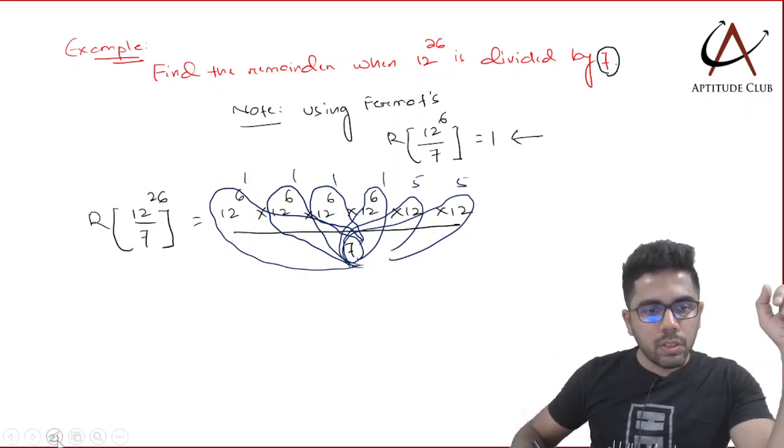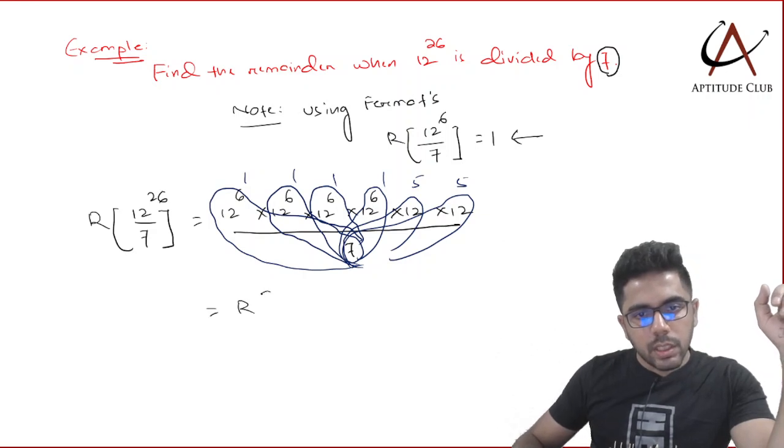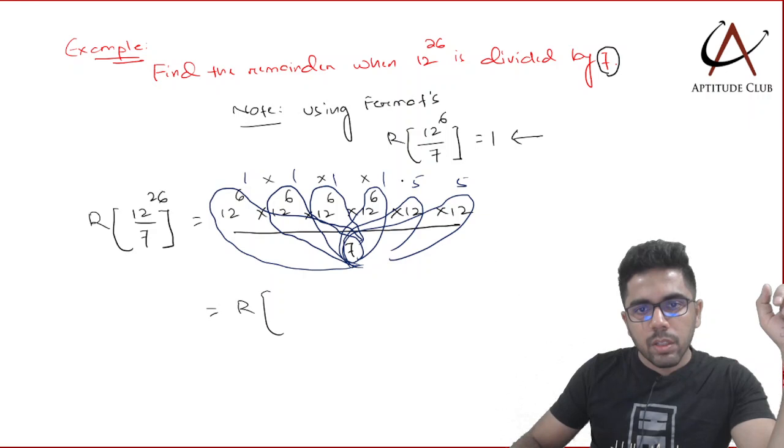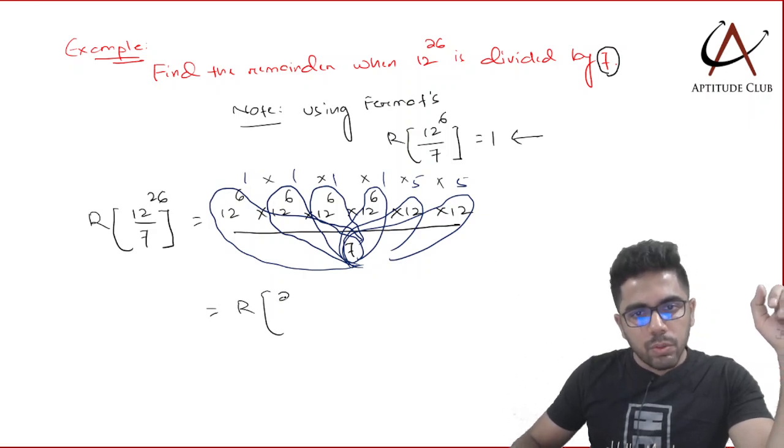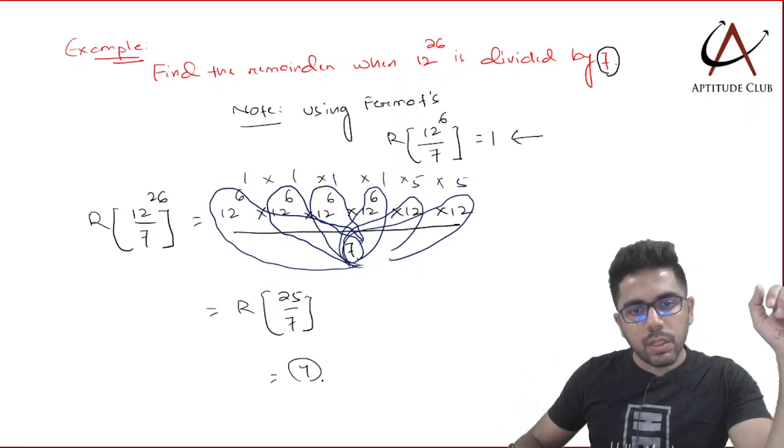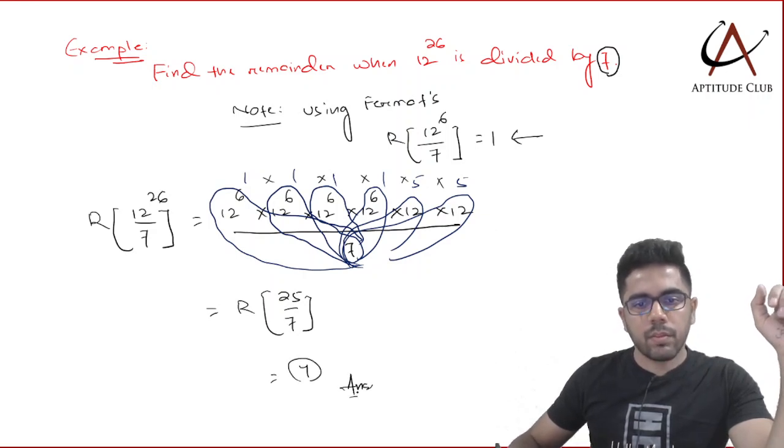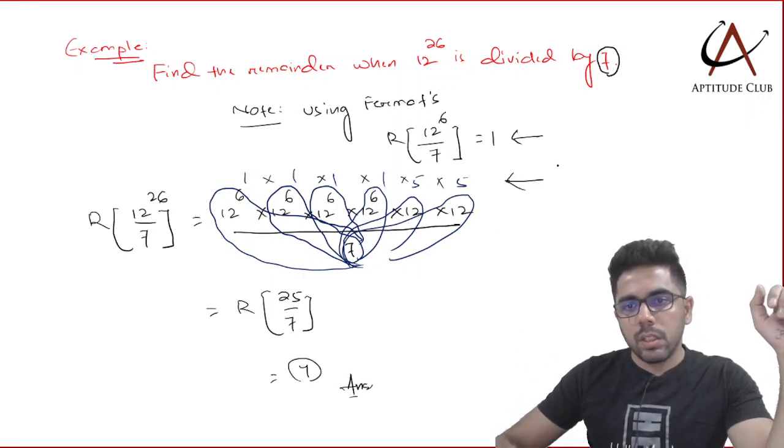And because the remainder of a product is the product of remainders, I can write this as 1 into 1 into 1 into 5 into 5, which multiplies out to remainder of 25 divided by 7, and 4 is the final answer. Such an easy question. I am using this principle: remainder of a product is equal to the product of remainders.